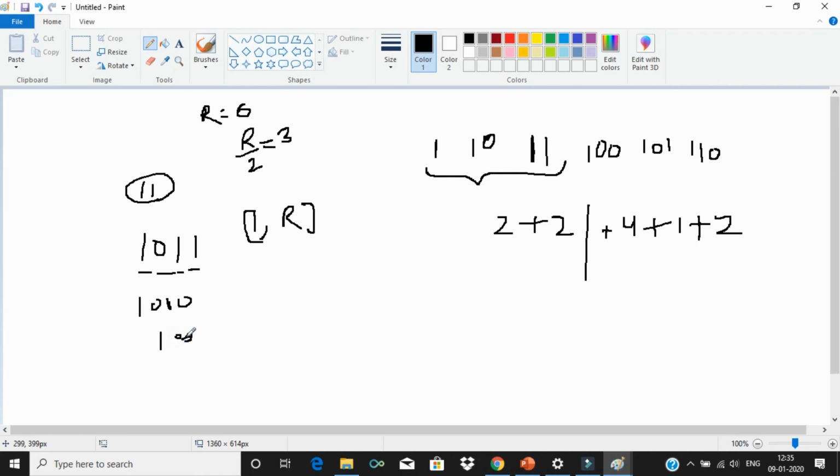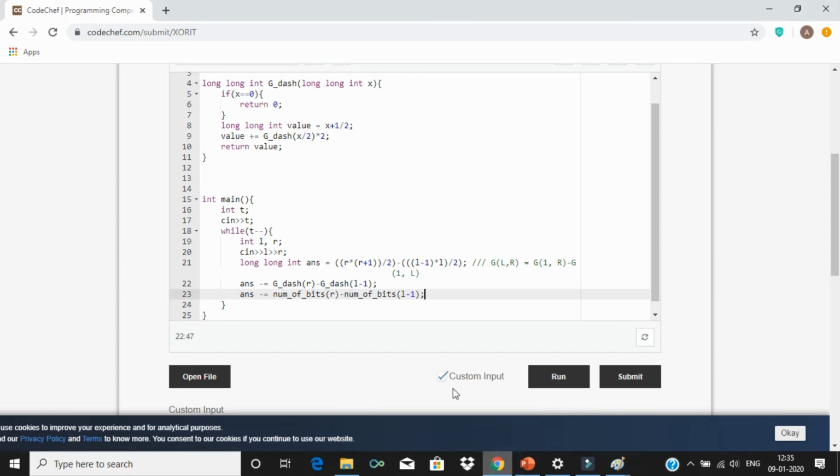They are all in 2 raised to power k form. So these are actually nothing but the number of bits, 1 2 3 4. This is what we are doing here.